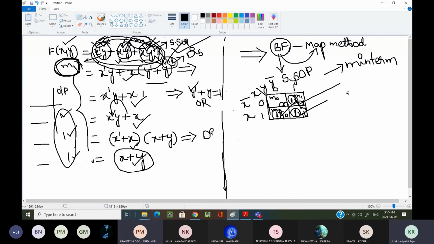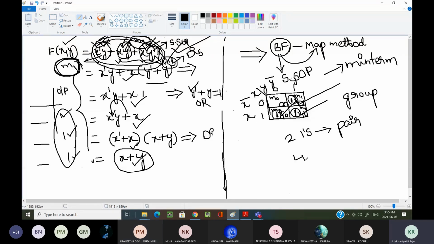After placing ones, what do I have to do? I have to group the ones. How to group the ones? If you see two ones adjacent, you can consider it as a pair.